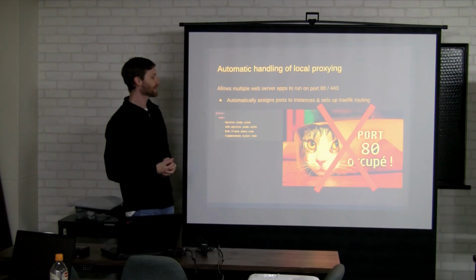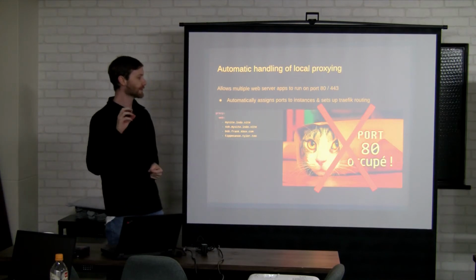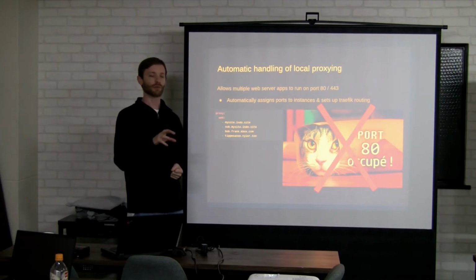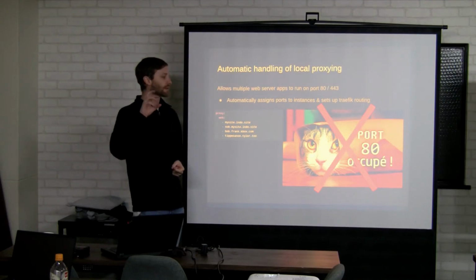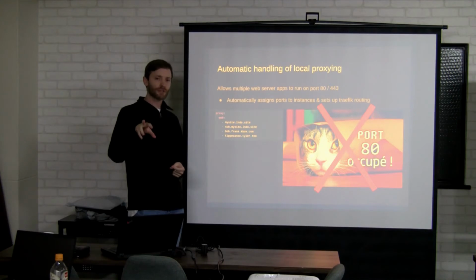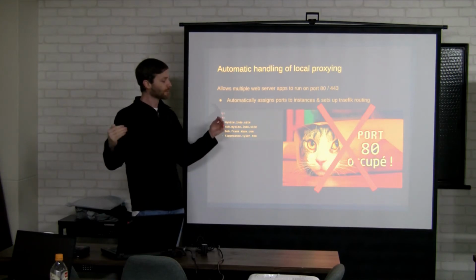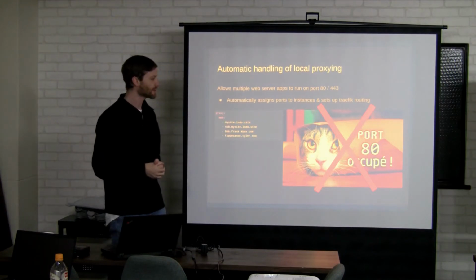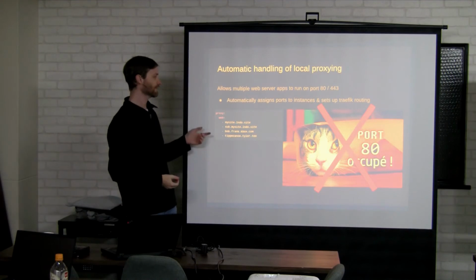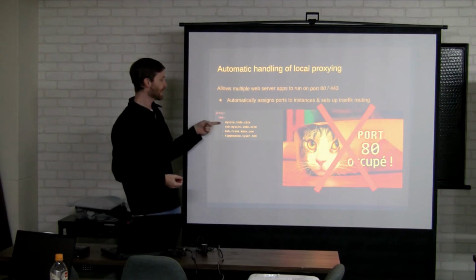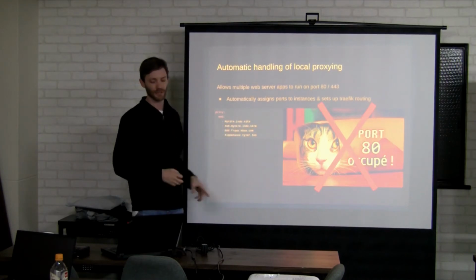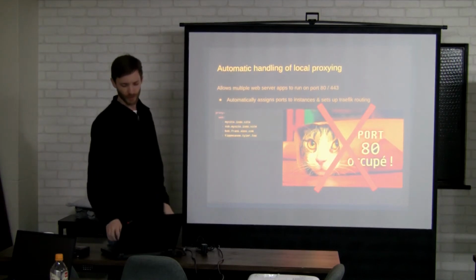What Lando does is, for any given container it spins up which is going to use port 80 or port 443, it will give that its own port, which it will assign and pick for it, and then it will connect all those into Traefik. That's what it uses for its local proxying. And then for you, it's as simple as just saying, I want to access my Apache container via this. And that's all you have to do. You can have them all running at the same time.